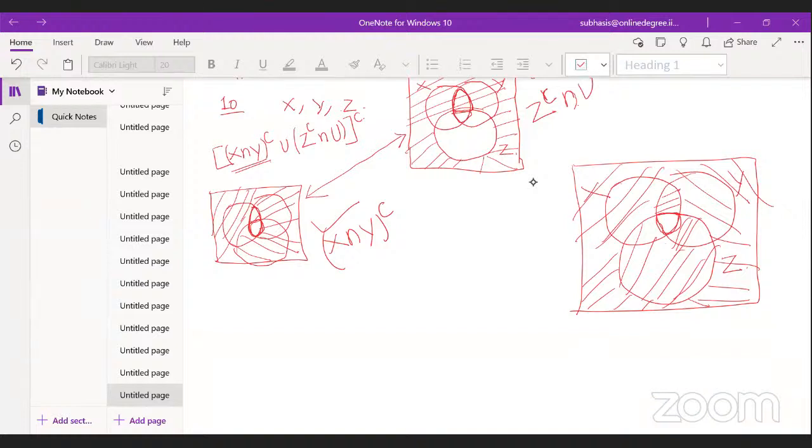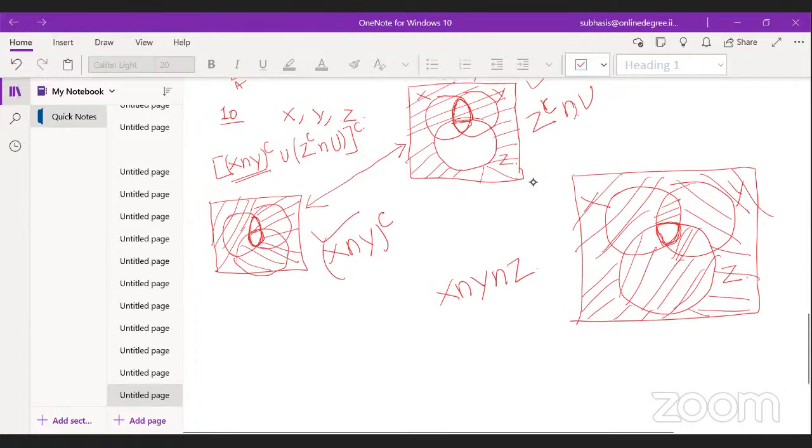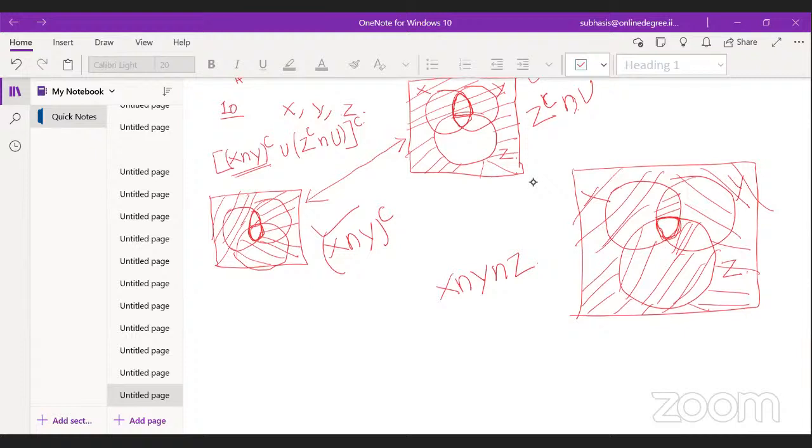Right. And what is this particular region? X intersection Y intersection Z, sir. Right, so you need to calculate the complement of that.